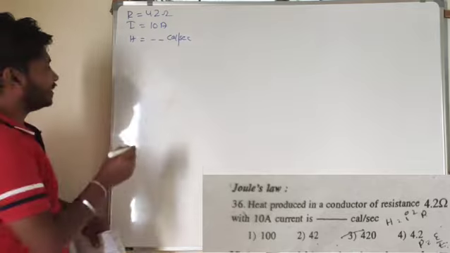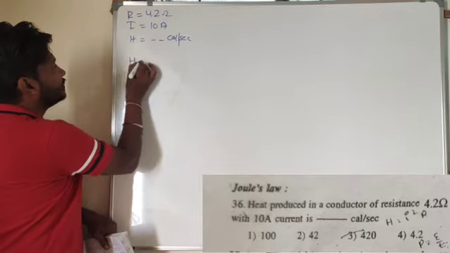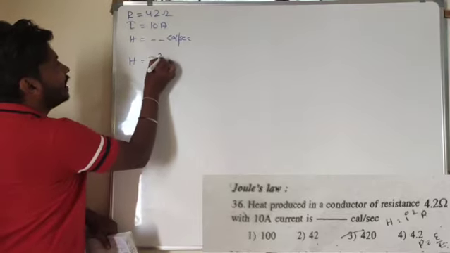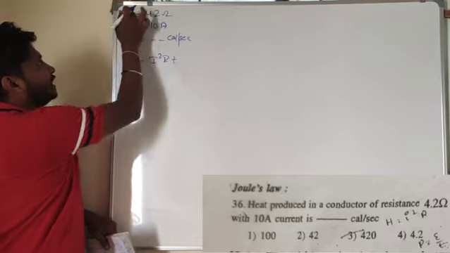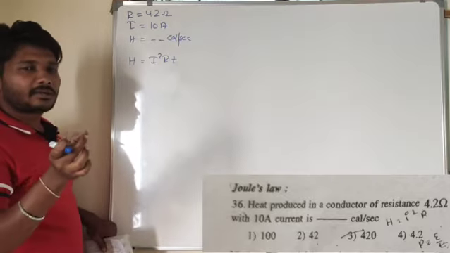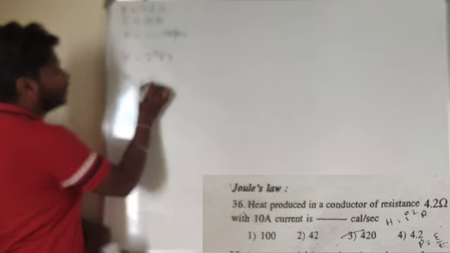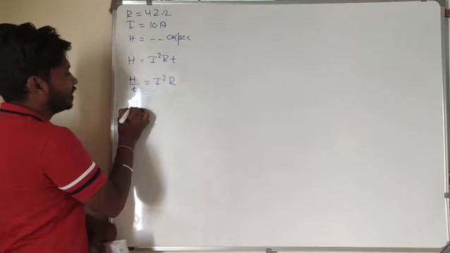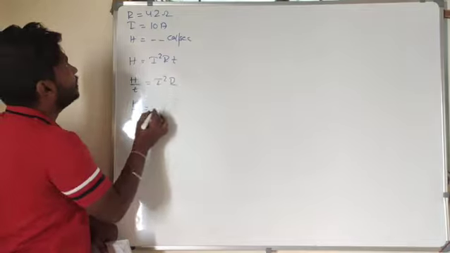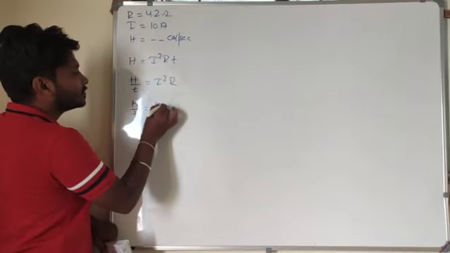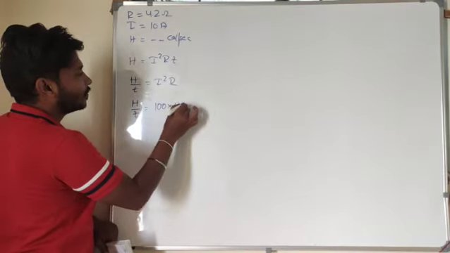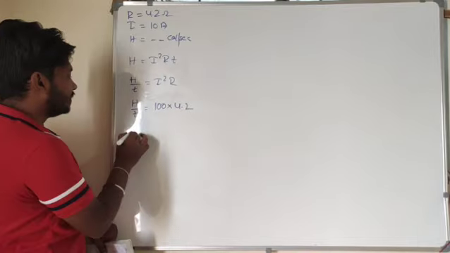So what is the connecting formula? Heat produced H is equal to I square R into T. The I term is there, the R term is there. Heat in calories per second means I can take H by T is equal to I square into R. So H by T, current 10 into 10, so 100, into 4.2.